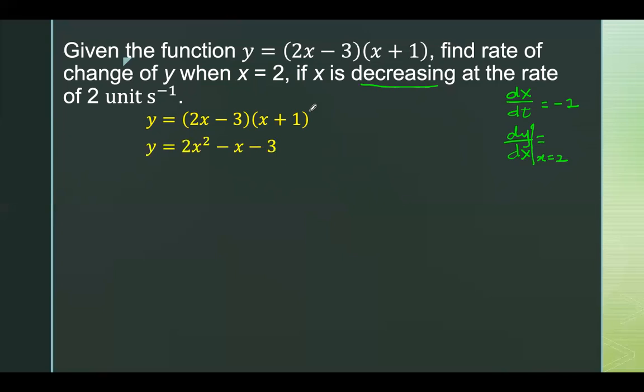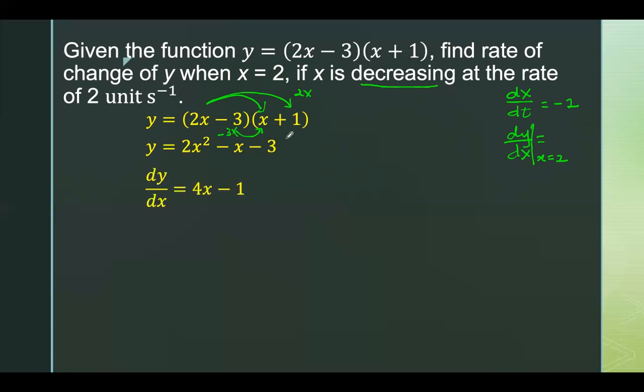So we expand it. 2x squared, then 2x times 1 is 2x. Then minus 3x, so 2x minus 3x gives negative x, and negative 3 times 1 is negative 3. So that's how you get the answer.